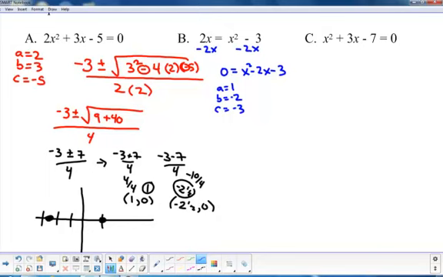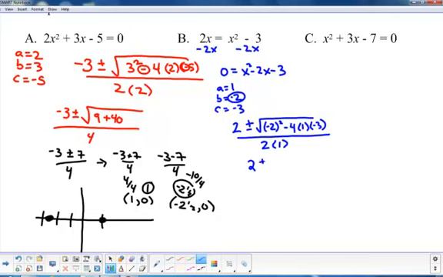So we have negative b, so that would be positive 2. Opposite of the negative is a positive. Plus or minus square root b squared, put that in parentheses because it's going to be a positive, minus 4ac divided by 2a.